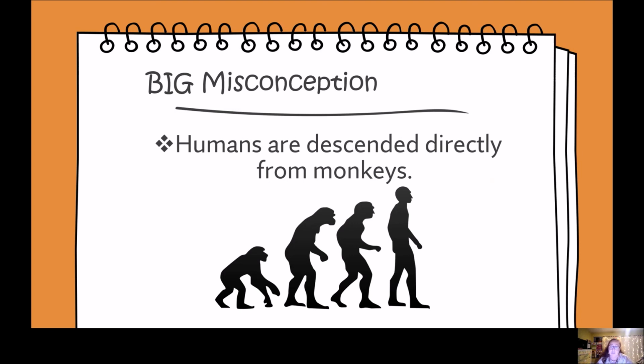But our common ancestor was actually neither a human nor an ape. Scientists are still not quite sure what exactly our ancestor was, but at some point down the line, we shared similarities in our genetic sequence with the chimpanzees, but we do not directly descend from the monkeys.